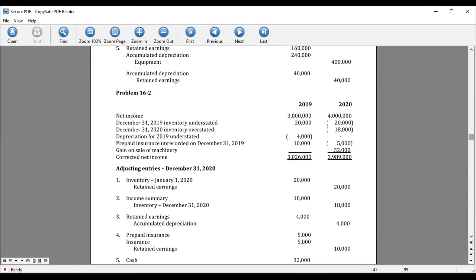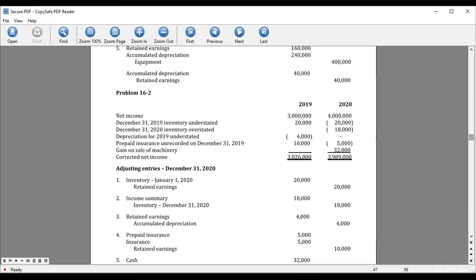15,000 divided by 3, that's 5,000 a year. But since the full amount was recorded to insurance expense on January 1, 2019, in other words, in 2019, the amount recorded as insurance expense was 15,000, whereas the correct amount is only 5,000.